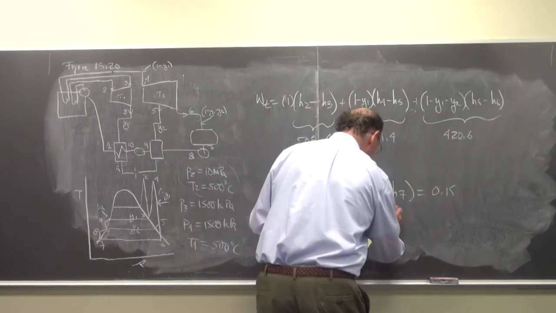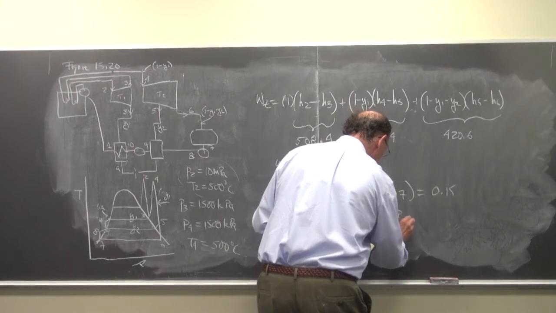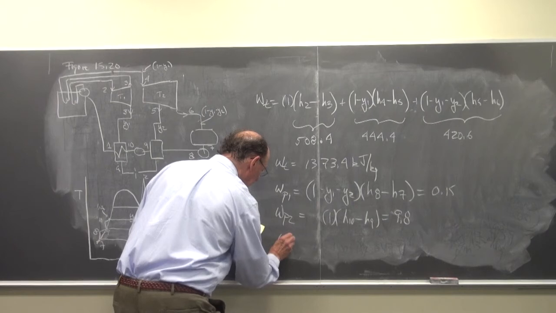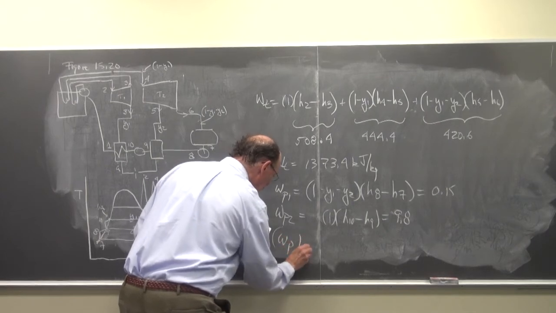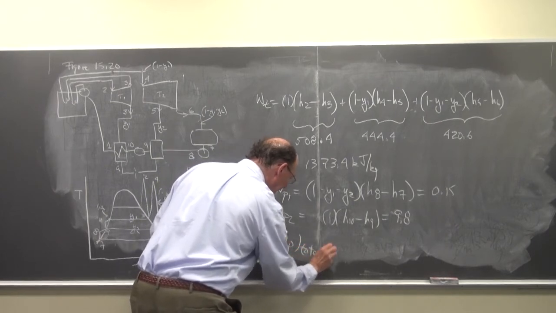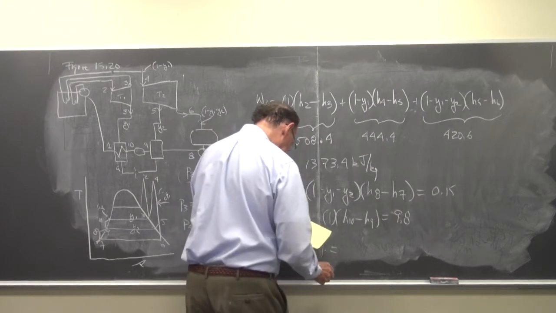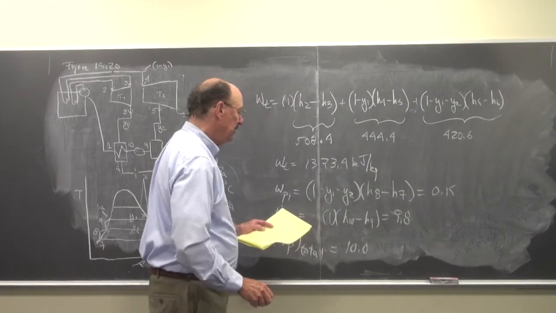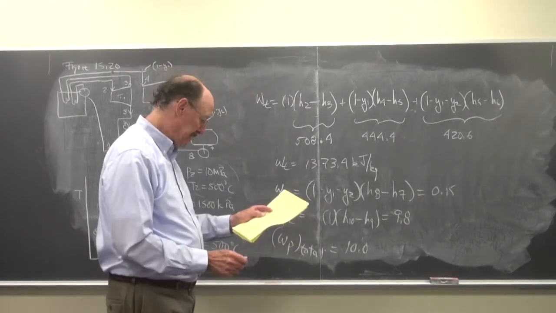And so that's equal to 9.8. And WP total, we add that together, we get 10.0. So 9.95 will be 10.0.